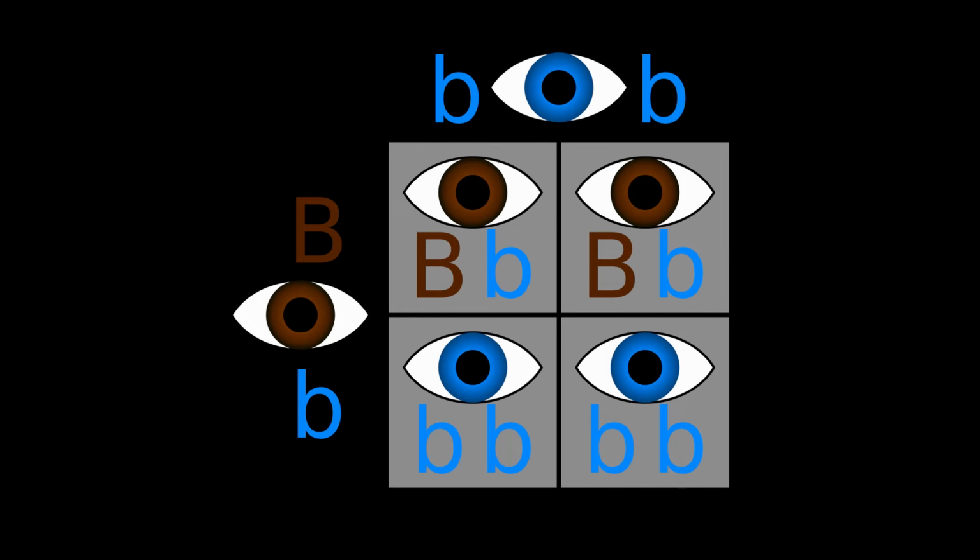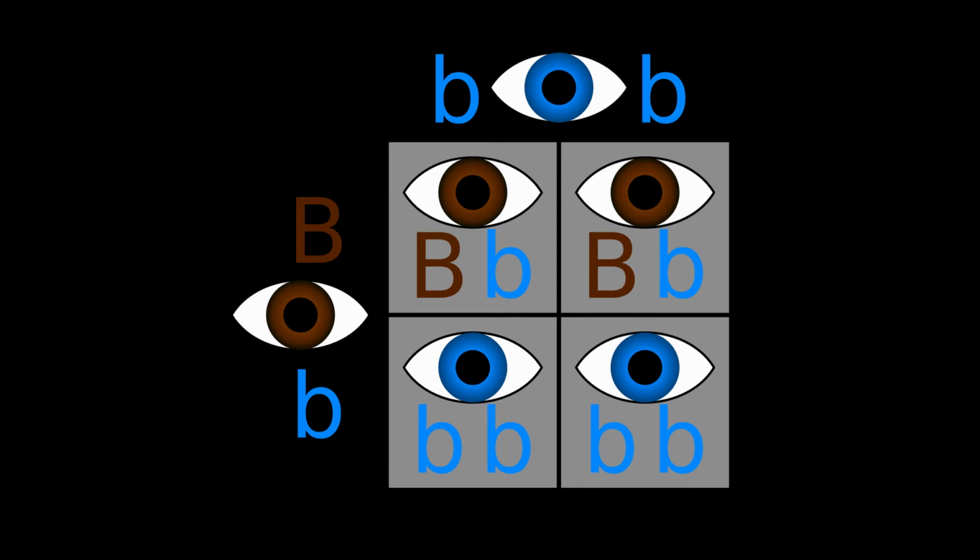Here we can see that one parent has brown eyes and the other parent has blue eyes. We can see that in the two lower boxes, blue eyes are the outcome, and in the two top boxes, brown eyes are the outcome. This is because even though both parents do not have blue eyes, both of them have the blue allele, in addition to one of them actually having blue eyes.